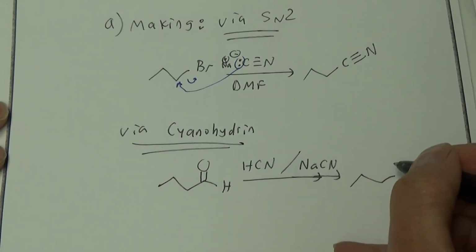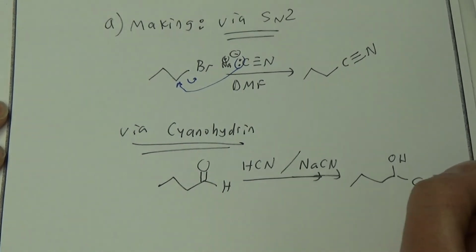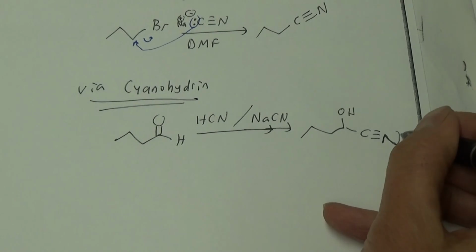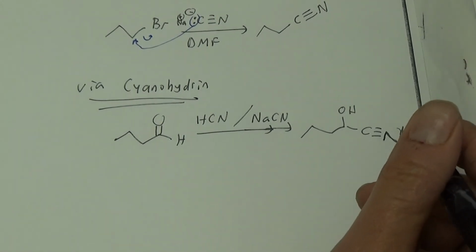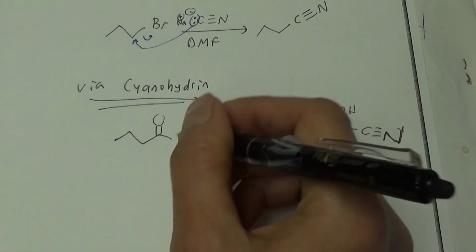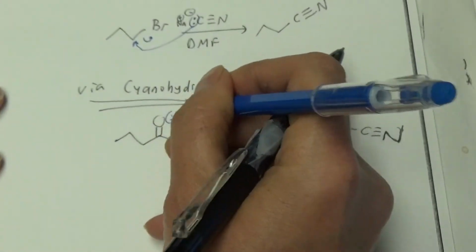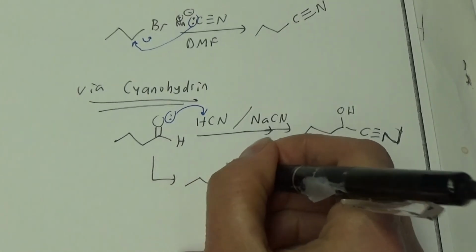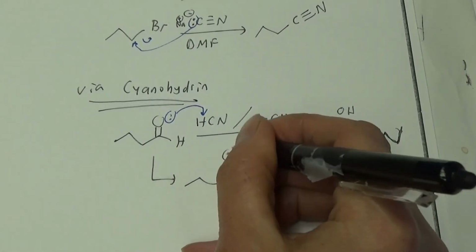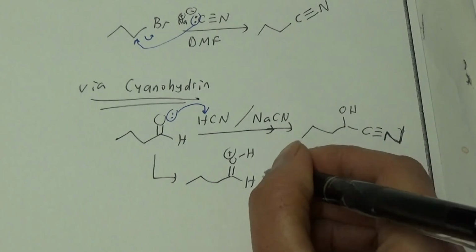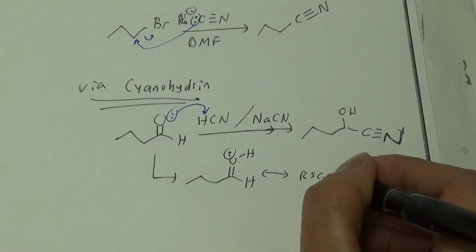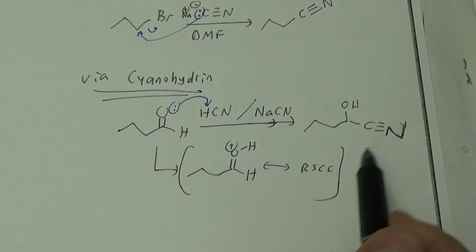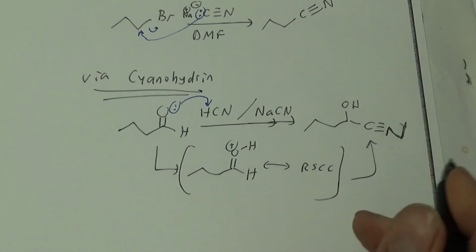And it makes this thing that looks like an alcohol with a nitrile. That's fine also. That's another kind of nitrile. We saw the mechanism a few times. Start by protonating, and then you have the resonance structure, and then basically CN minus attacks the carbon, so you can finish that up.